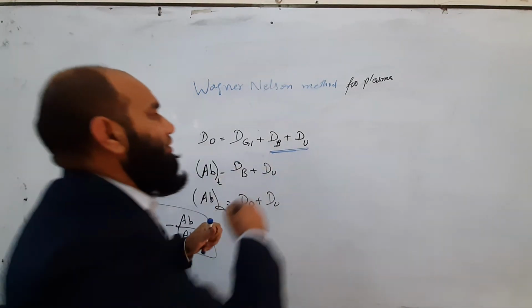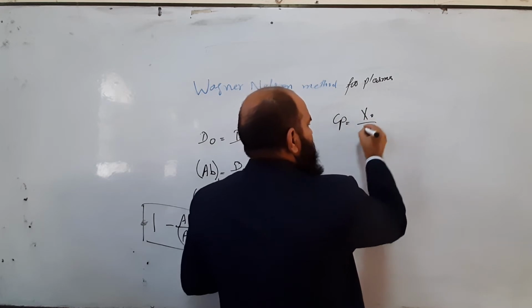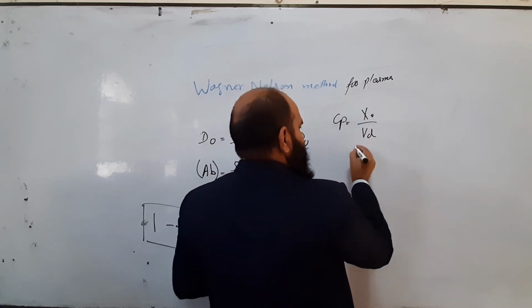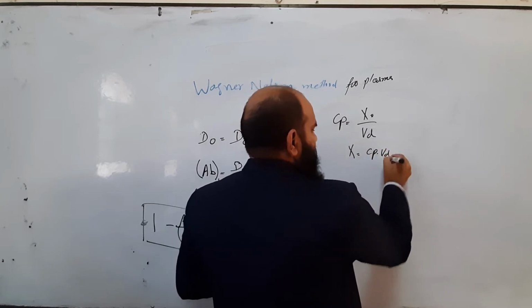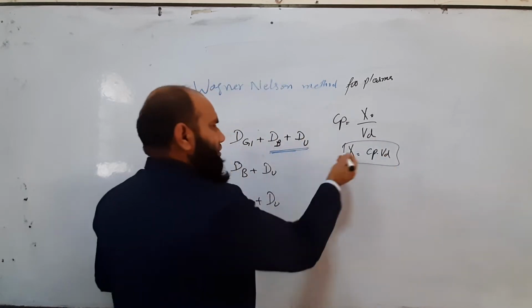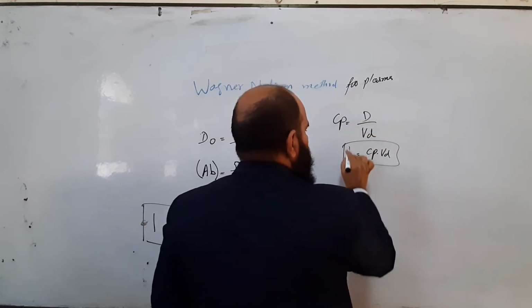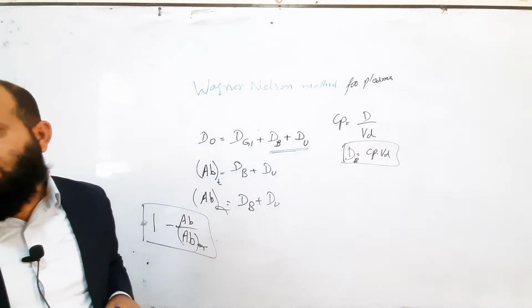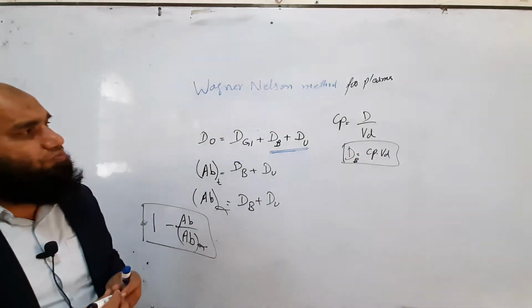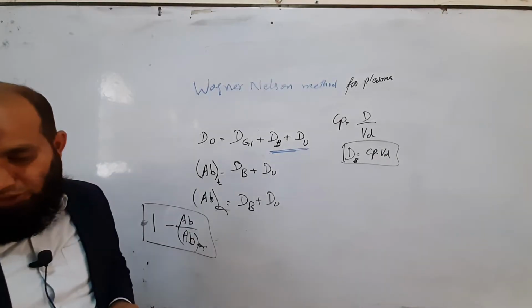Remember, we have the formula C_p is equal to X naught over V_d, so D in blood is equal to C_p into V_d. Very simple, from the basic first equation we have already learned in our initial classes.